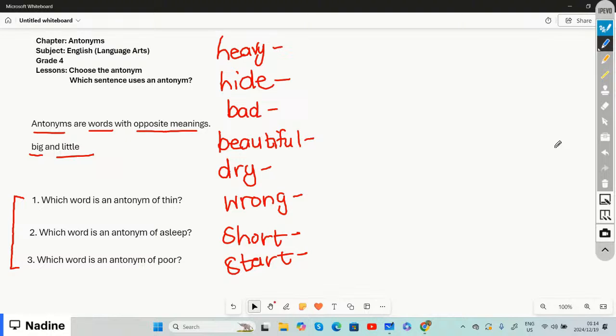All right. And if we were to identify the antonyms of these words, words with opposite meaning, then the antonym of heavy, yes, it is light. Well done. Light is correct.